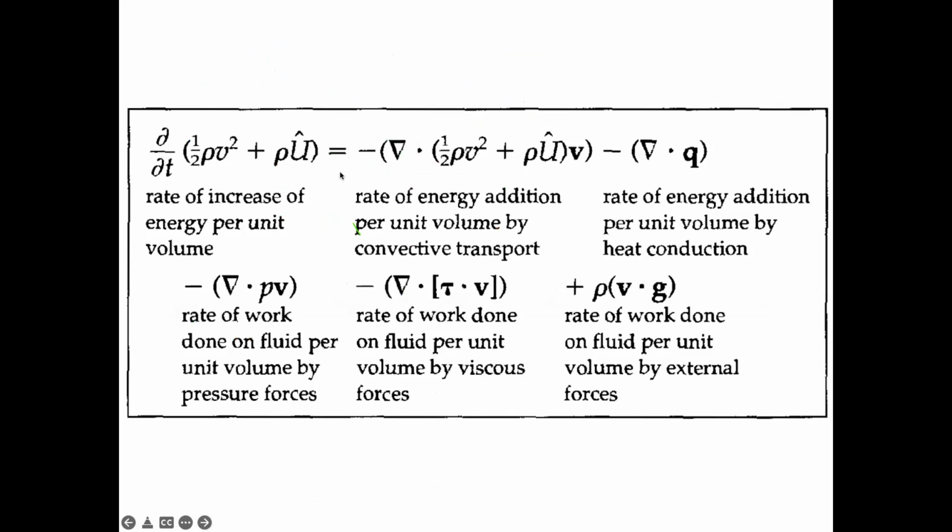Like we learned in the momentum balance for the equation of change, not all of the phenomena are included in here. For example, this tells you about the energy of the substance in the control volume per unit volume, equal to the kinetic energy and also the internal energy.